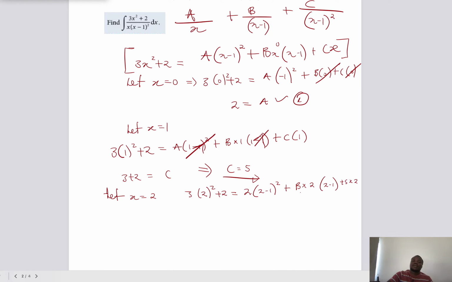Here there is only b that is unknown, so we are going to have 2 squared is 4 times 3, that gives us 12, plus 2 that gives us 14.